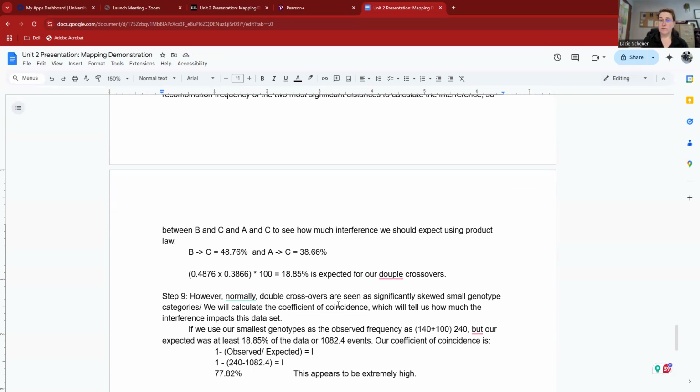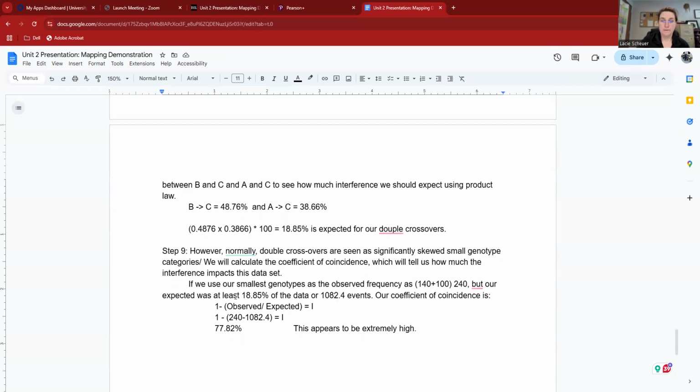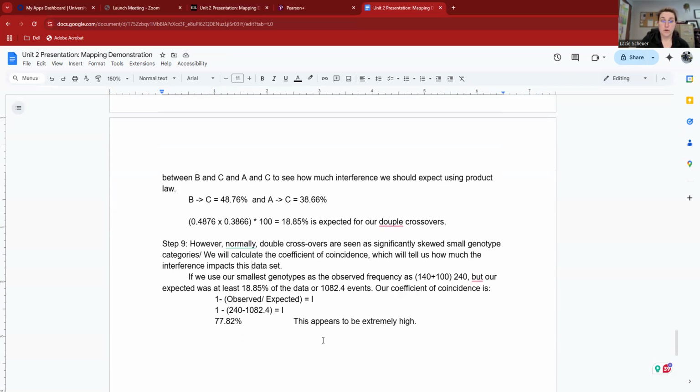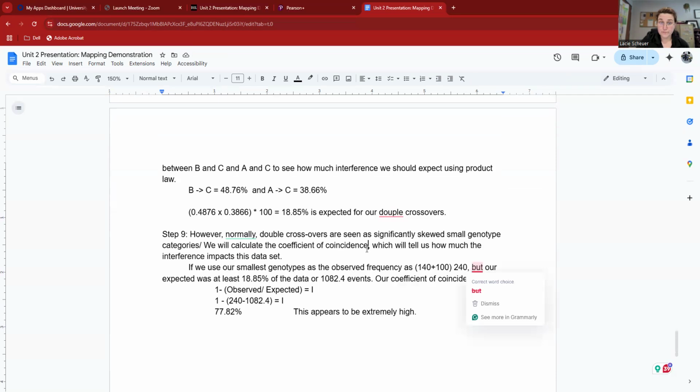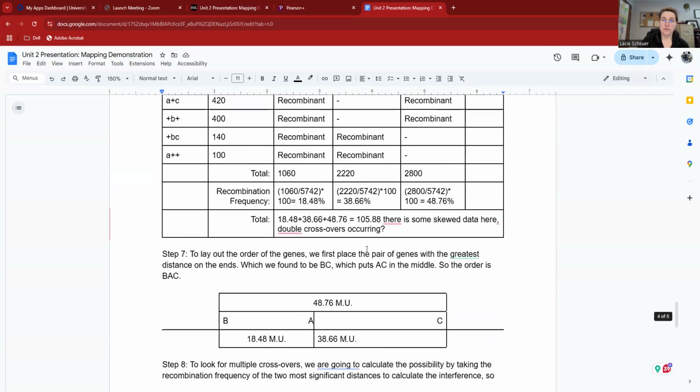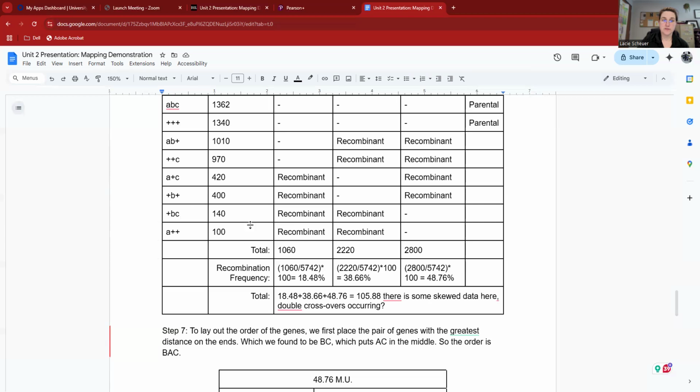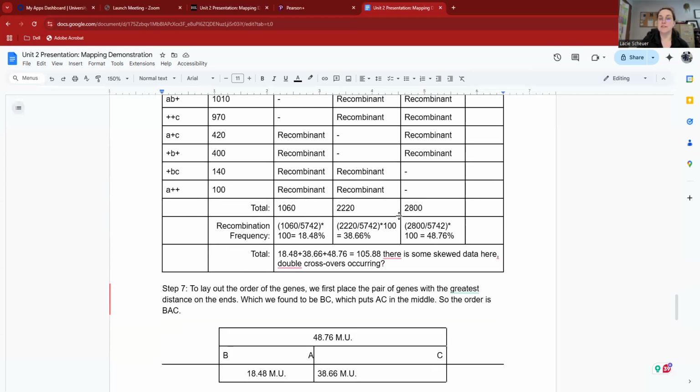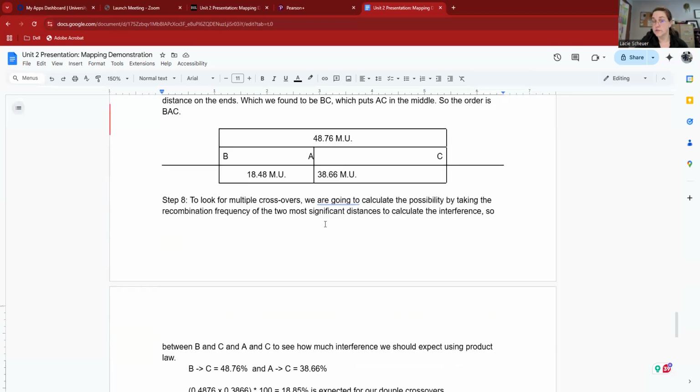However, normally double crossovers are seen as a very small skewed genotype. So we want to see what our expected versus our observed would be. Our smallest genotypes, if we go back up to these tables, were these two guys here. So we add these up, so 140 plus 100 would be 240 out of the entire population, which was 5,742.